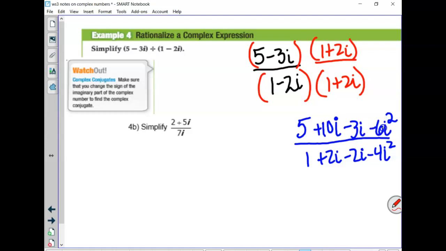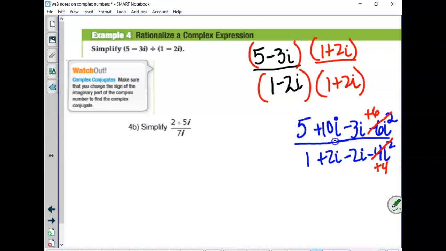What is negative 6i squared going to become? Negative 6 times negative 1 would make it positive 6. So I'm going to cross that out, and that's going to become a plus 6. And down in the denominator, a minus 4i squared would be negative 4 times negative 1, or positive 4.